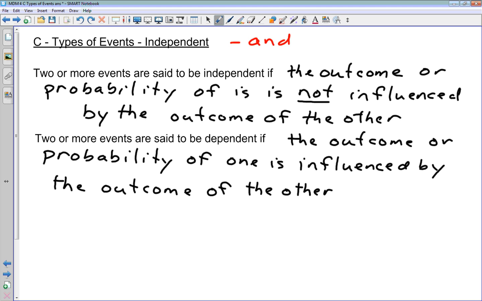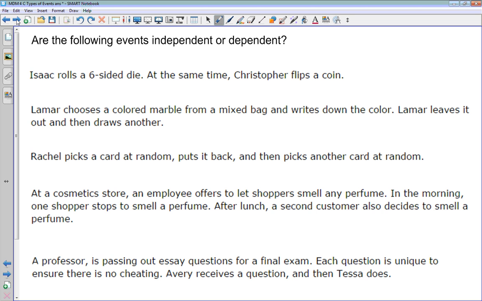Let's take a look at a few examples just to see that we've got this concept down. So we've got a list here of events. Are the following events independent or dependent? Okay, so situations where we're interested in two things happening. And again, the question is, does the outcome of one of these things affect the outcome or the probability of the other thing?